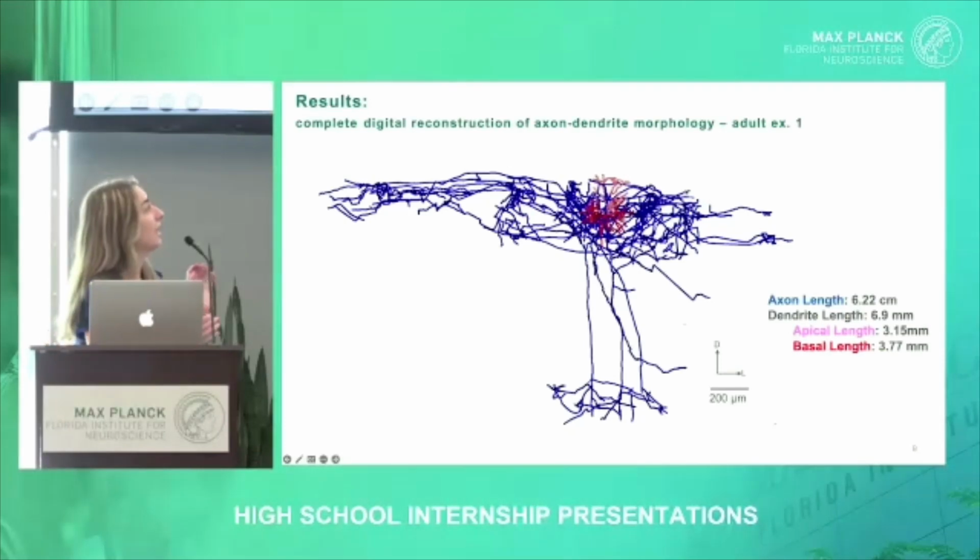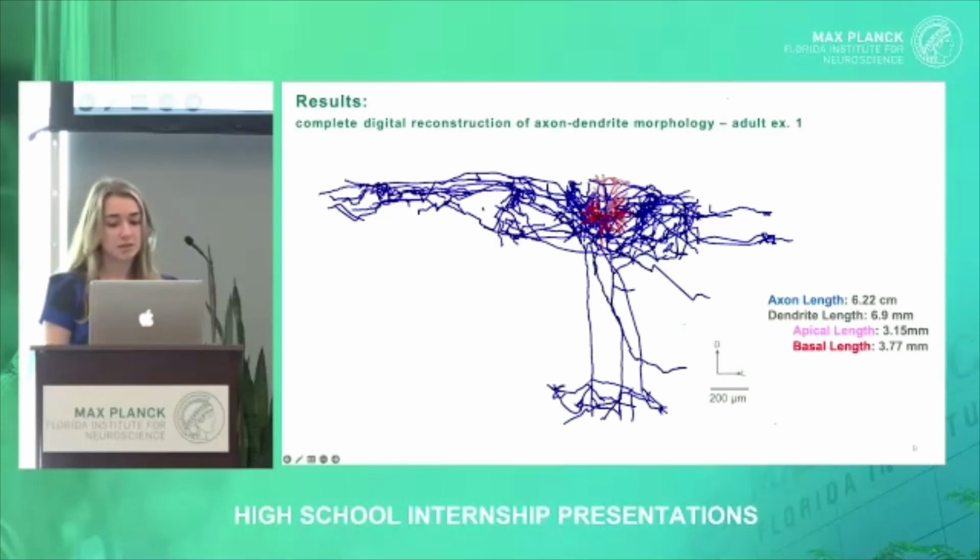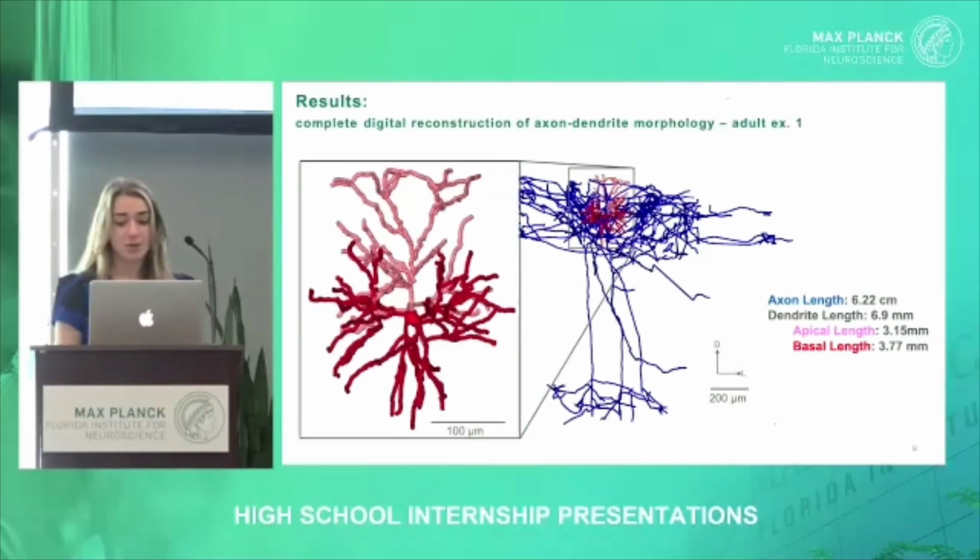Here, we're now going to look at the complete morphology of the development of a neuron. So this over here is the complete 3D reconstruction of the adult neuron within the visual cortex. These blue lines represent the axon, which put together measures 6.22 centimeters. Yeah, centimeters. So this axon is very large. And the total dendrite length was 6.9 millimeters.